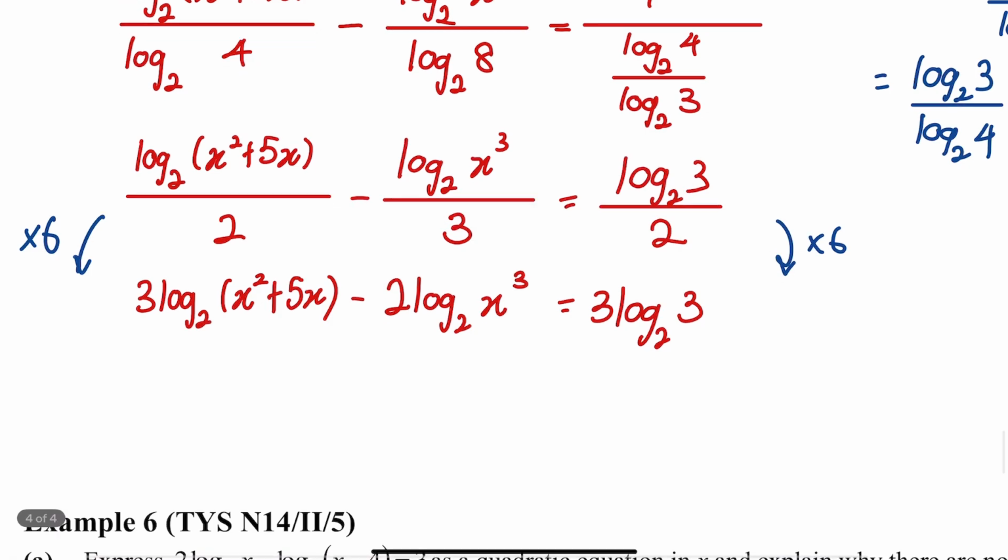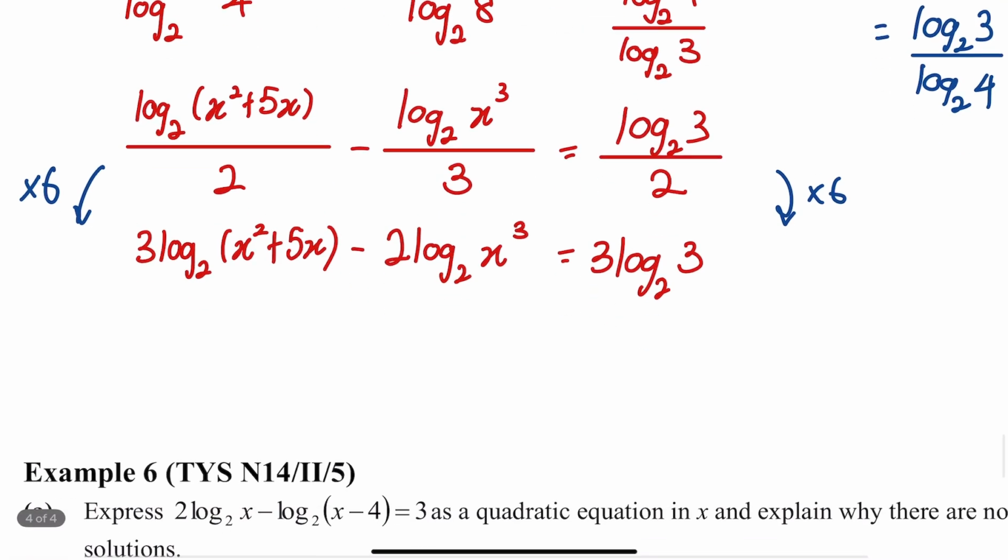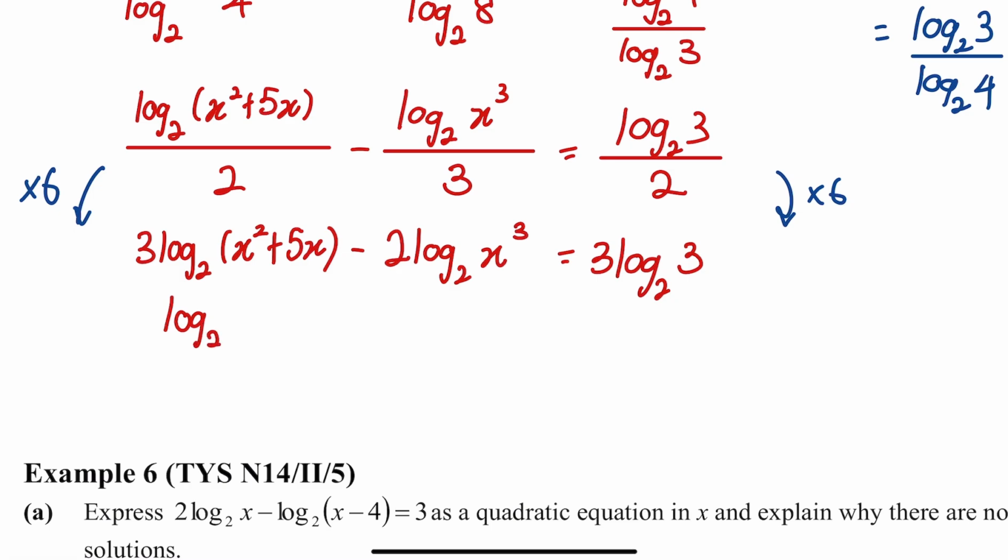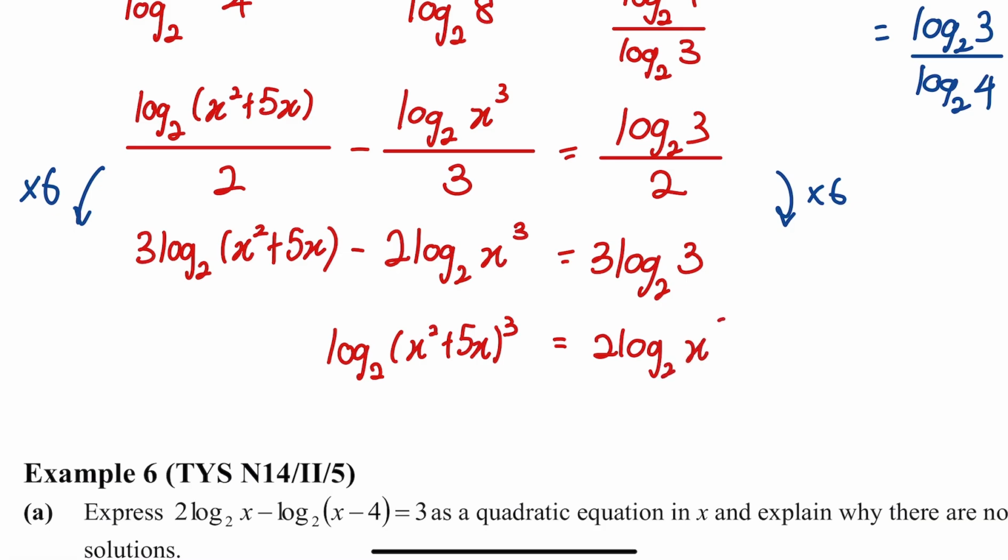This means that log base 2 x squared plus 5x, the whole thing power 3. Okay, over here is a negative term, so maybe I shift to the right side to make my life easier. This will simply give me 2 log base 2 x cubed plus this 3, I can simply use power law to bring it up. Okay, log base 2, 3 cubed.